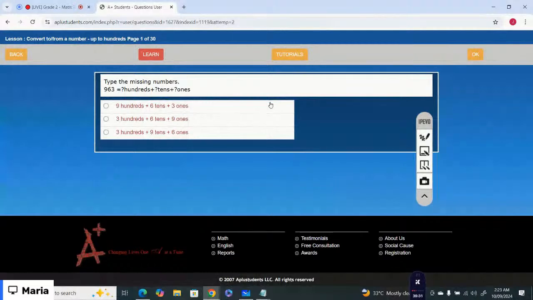The correct option is 9 hundreds, 6 tens and 3 ones. So that is 900, 6 tens and 3 ones. Option number 1 is the correct option.